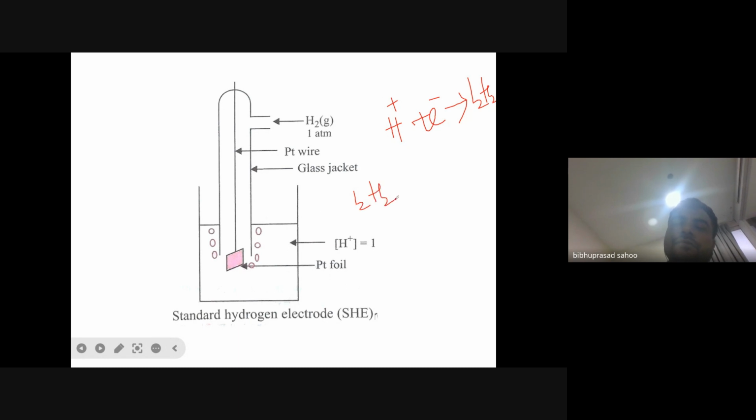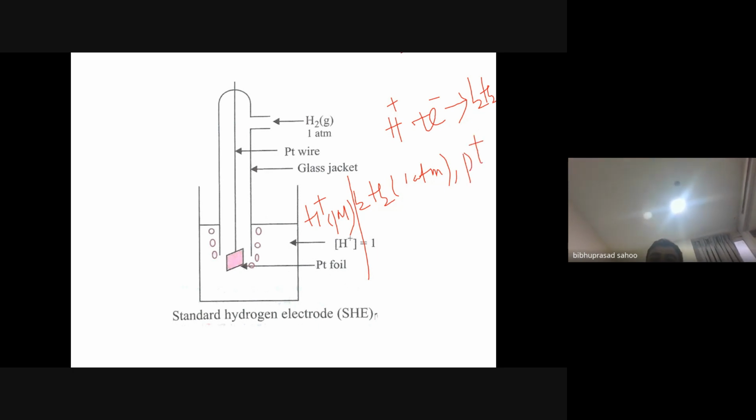Half H2, 1 atm, H plus 1 molar, platinum. So see here student, in my slide H2 gas is 1 atm, platinum wire is there, glass jacket is there. These bubbles are hydrogen gas, and the concentration of hydrogen ion is 1 molar. This is the platinized platinum standard hydrogen electrode.